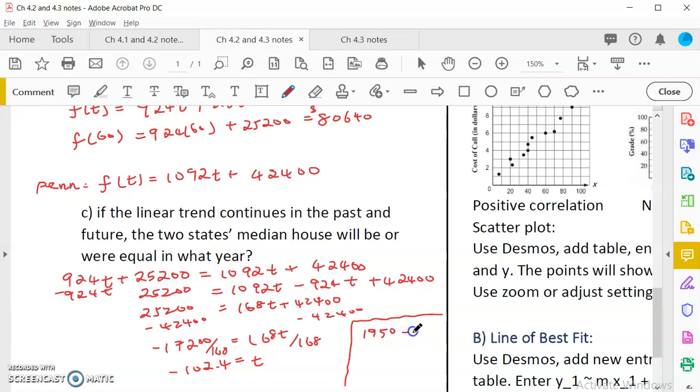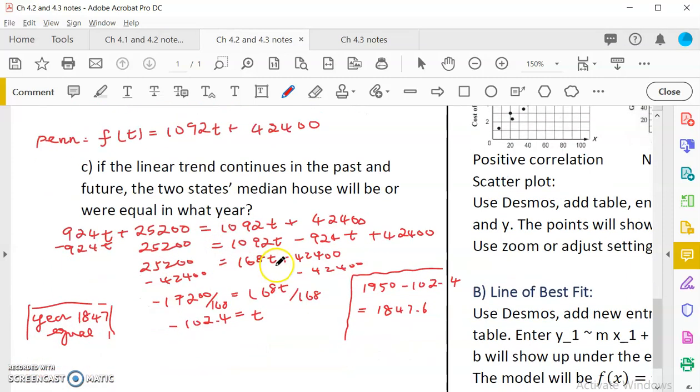You would just go back from 1950 by 102.4. So the year would be 1847.6. So at year 1847, they have equal house prices. I think it's just hypothetical because housing price is never really linear. They change in different ways.